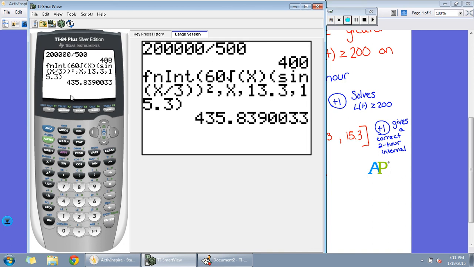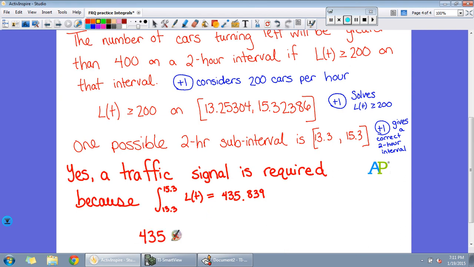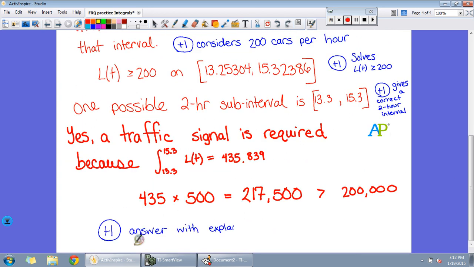So we get 435.839, and if we multiply 435 times 500, that's more than 200,000, so a traffic signal is required. We get a point for an answer, yes, a traffic signal is required, with some explanation.